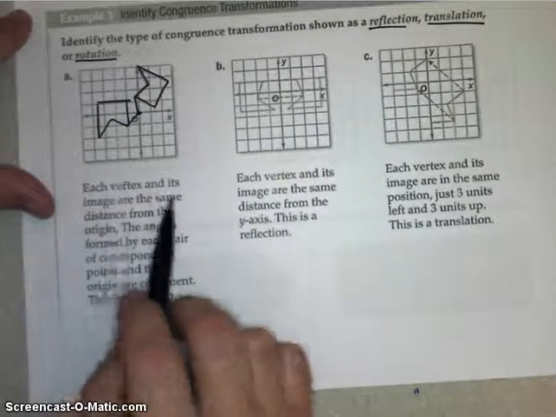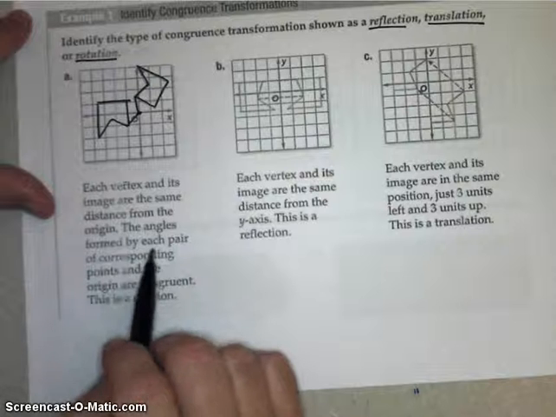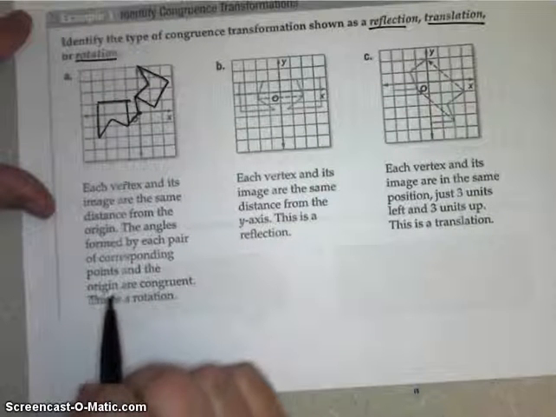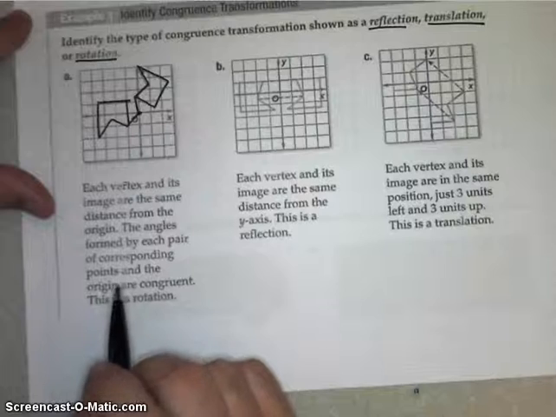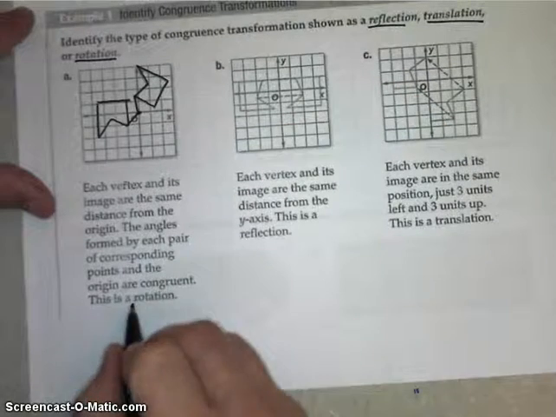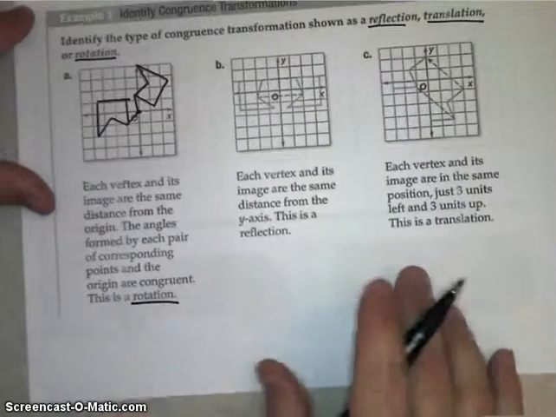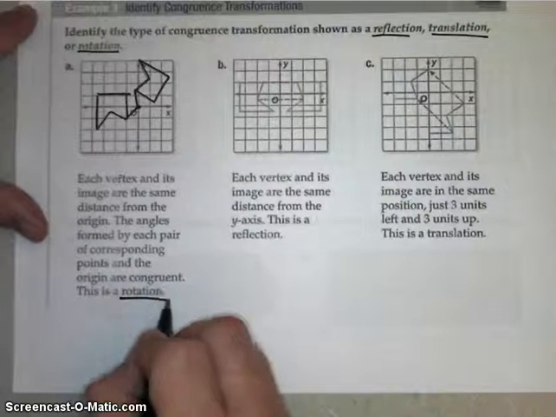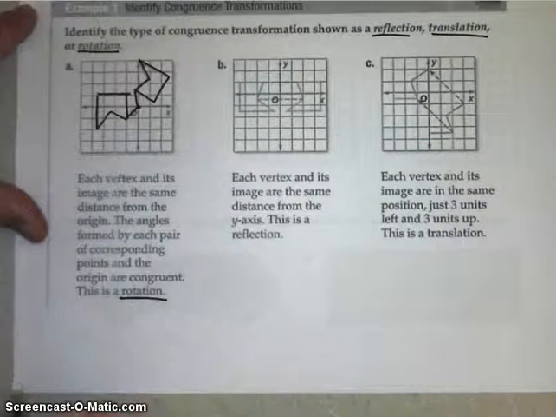Every vertex and its image are the same distance from the origin. The angles formed by each pair of corresponding points and the origin are congruent, so we call this a rotation. Now, if you're writing the answers to these on your own on an assignment or later on in the notes, this is all I'm really looking for. This is the explanation of how that answer is achieved.